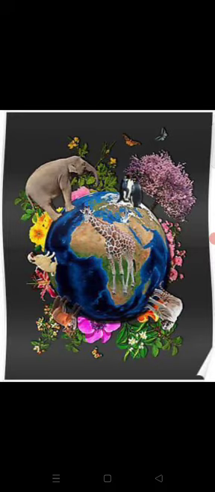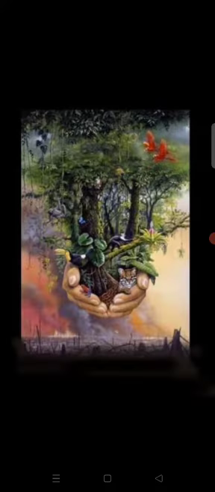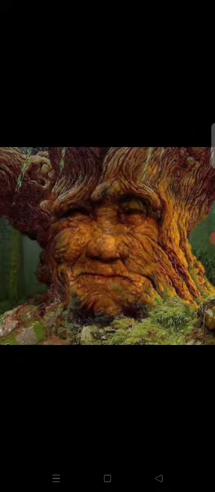So they decided to save nature and protect the animals. From that day, instead of calling the tree the monster tree, they started to call it the mother tree.